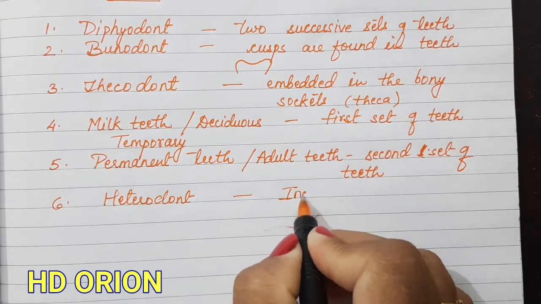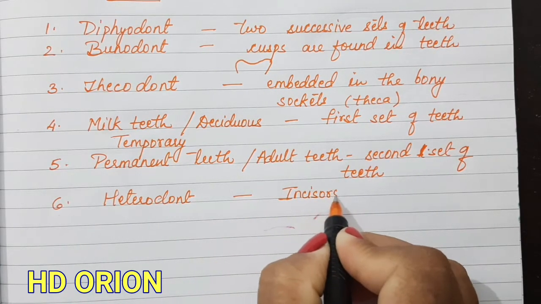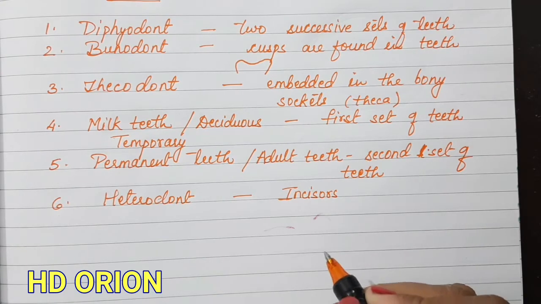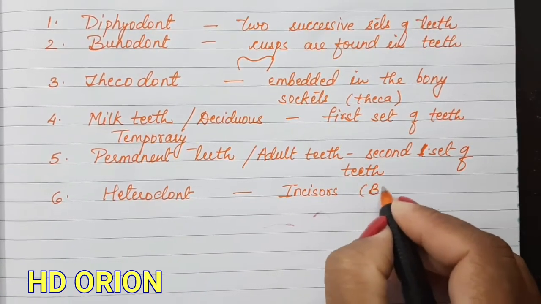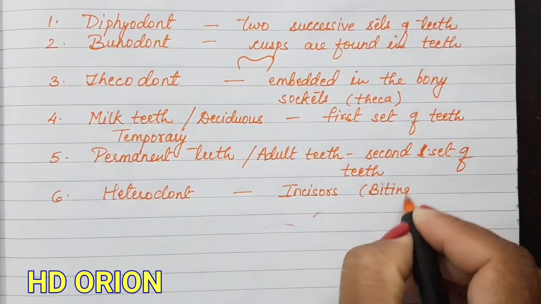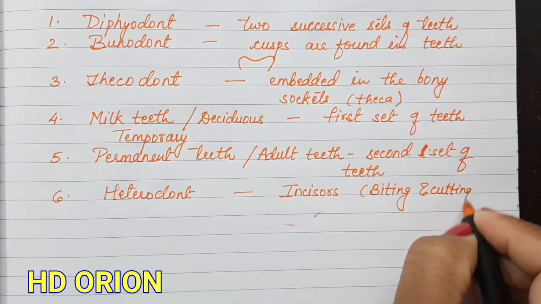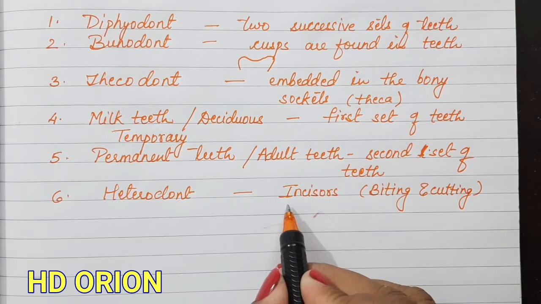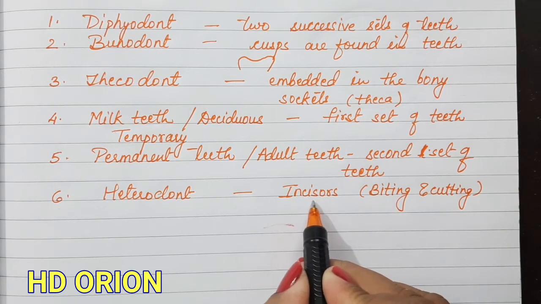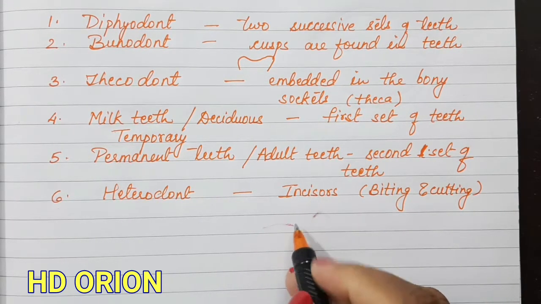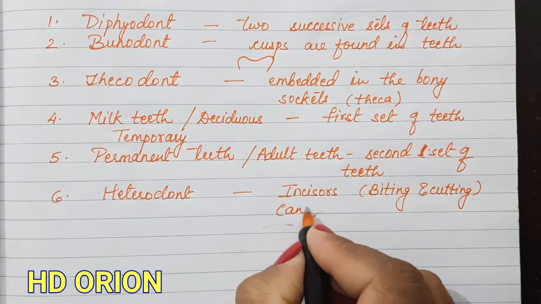These are the incisors. The incisors are the front biting teeth, so we call these teeth biting and cutting teeth. These are the first 4 teeth in both the upper jaw and the lower jaw. Then comes the canine.